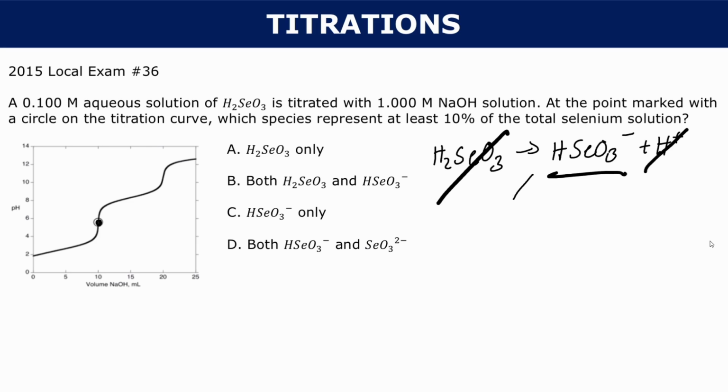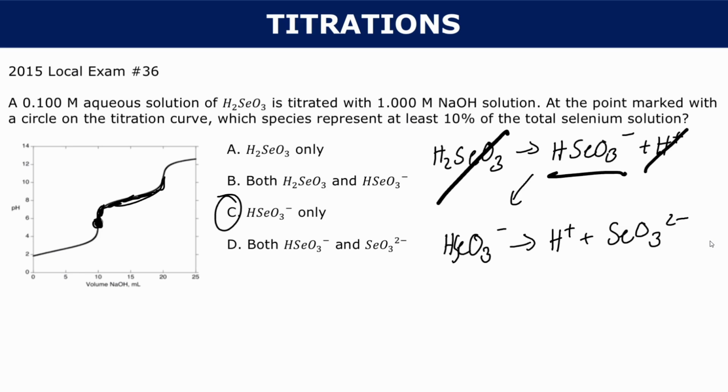This is going to be used in the second step, where HSeO3 minus dissociates into H plus and SeO3 2 minus. That's what we're going to see in this part of the curve right here. So the only thing left at this point on the titration is HSeO3 minus, which is answer choice C, and that is the right answer.